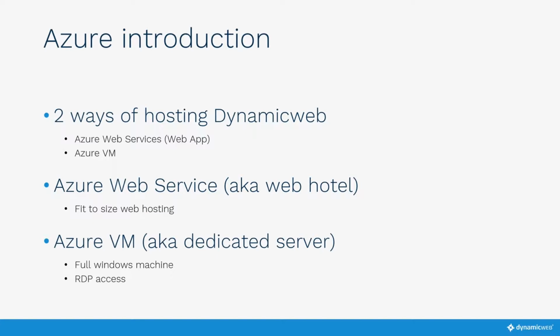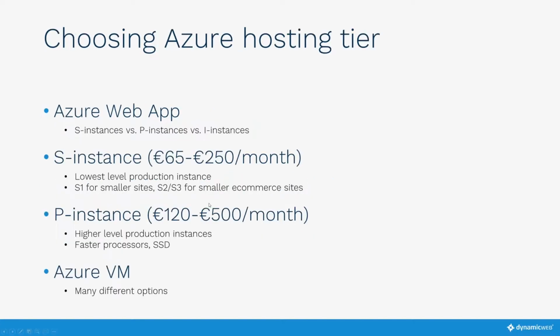Azure Web Apps come in a lot of different tiers or configurations, and I'm going to cover some of those. So the web app, basically, we have 3 different instances that are relevant for hosting a Dynamicweb. We have S instances and P instances and I instances.